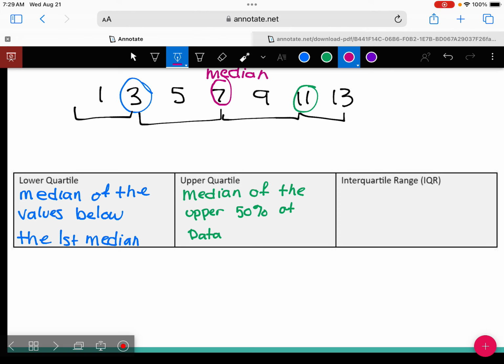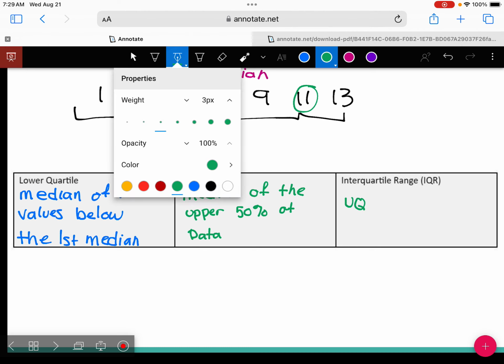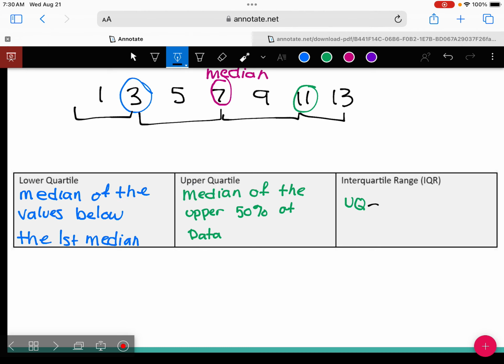My interquartile range is how far apart those 2 quartiles we just found are. So we're going to take our upper quartile, which we usually write down as UQ, minus our lower quartile, LQ, because quartile is an obnoxious word to try and spell. So we're looking for the difference in the quartiles. For this particular set, I have 11 and 3.